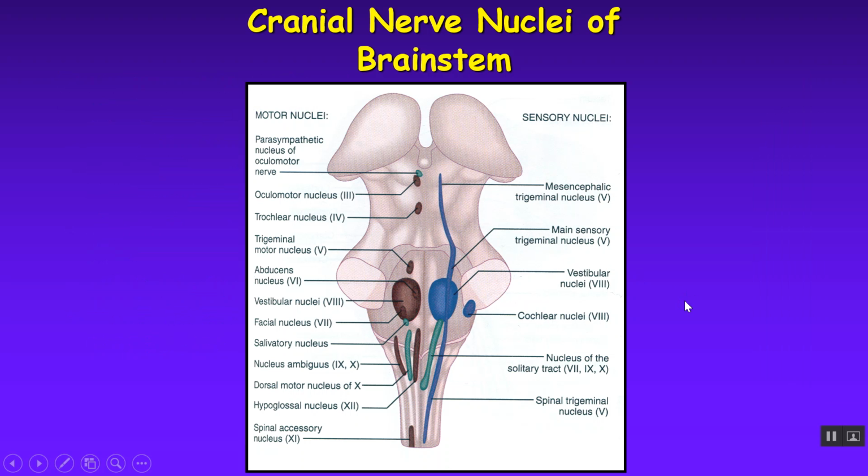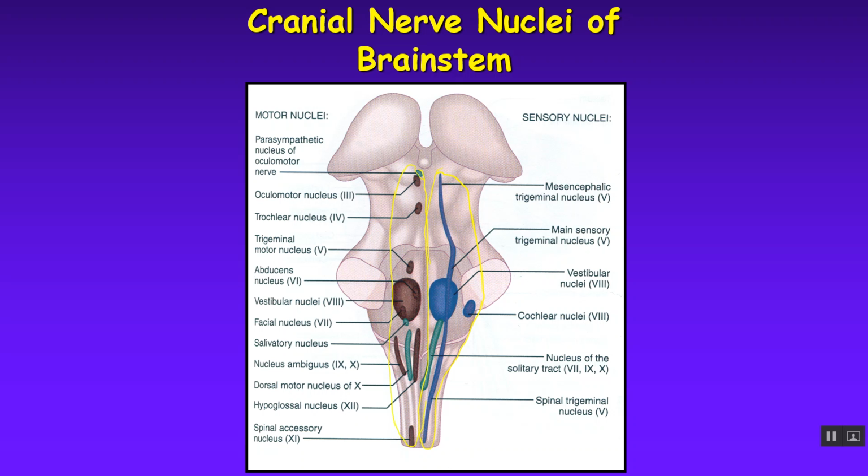Let's talk about this briefly, because we've already talked about all these, but this is cranial nerve nuclei. What they're showing you here is on the right side, sensory related nuclei, okay? And on the left side, these are motor related nuclei.